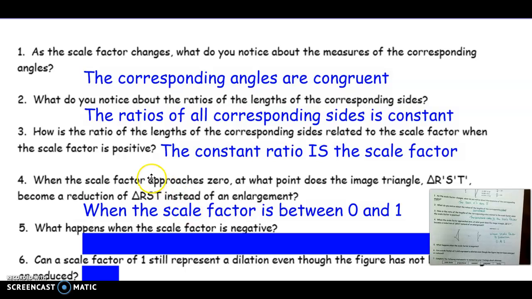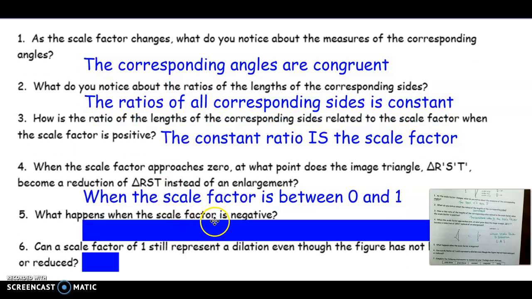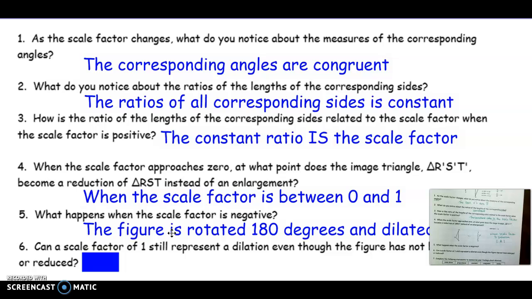It makes it smaller. What happens when the scale factor is negative? So remember, when that happened, the figure was actually rotated 180 degrees and also dilated as well. So in addition to the dilation, we have a rotation of 180 degrees.